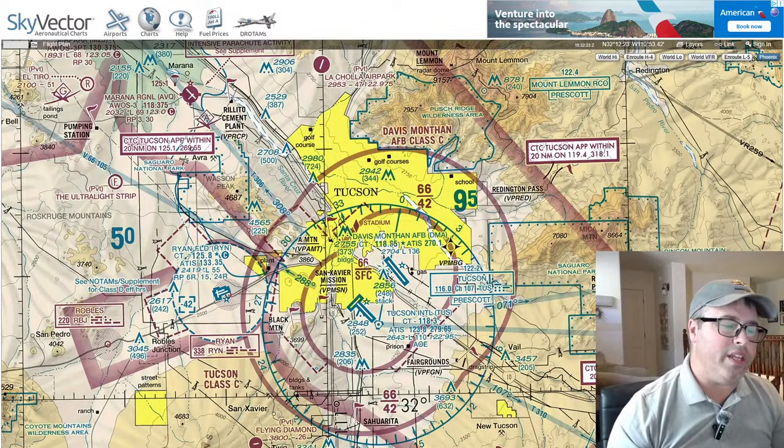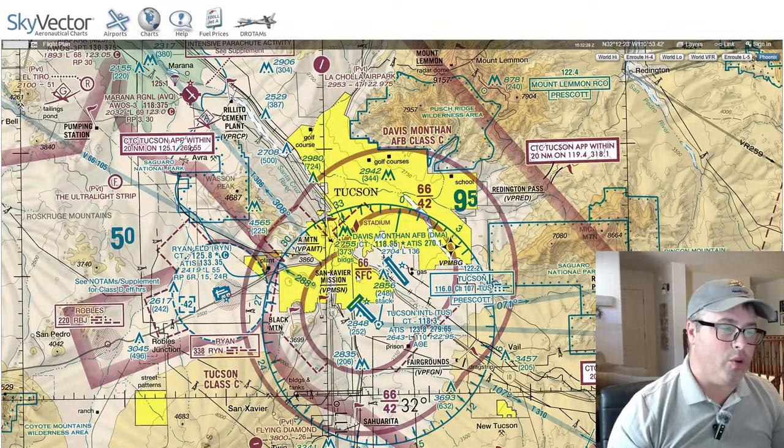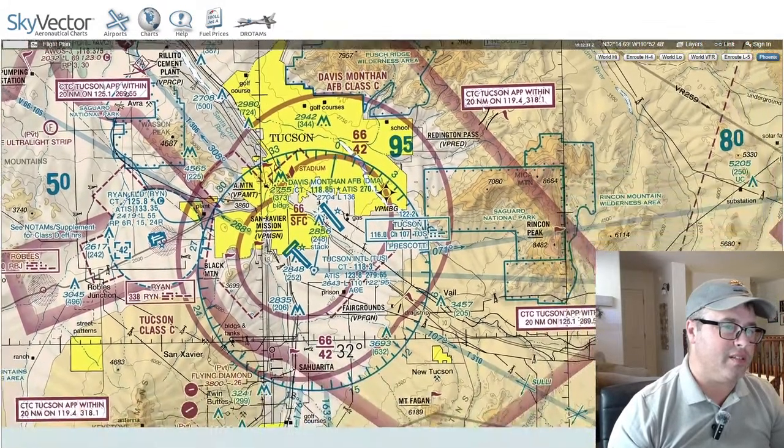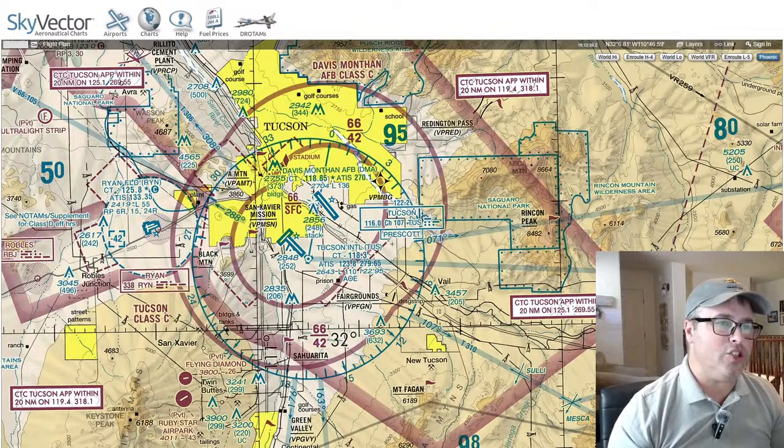Well, we need to be talking to air traffic control. And the question would be, how do you do that? So out here, depending on where we are, we have these little boxes, okay? CTC Tucson APP within.